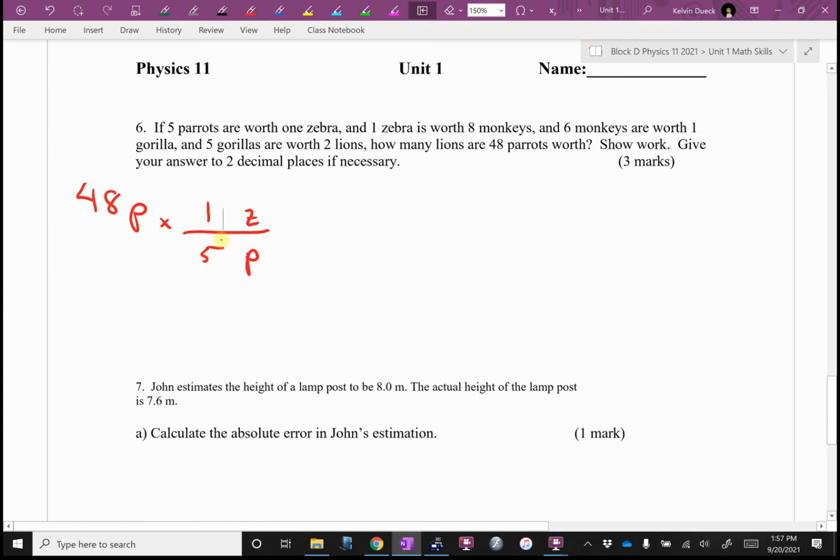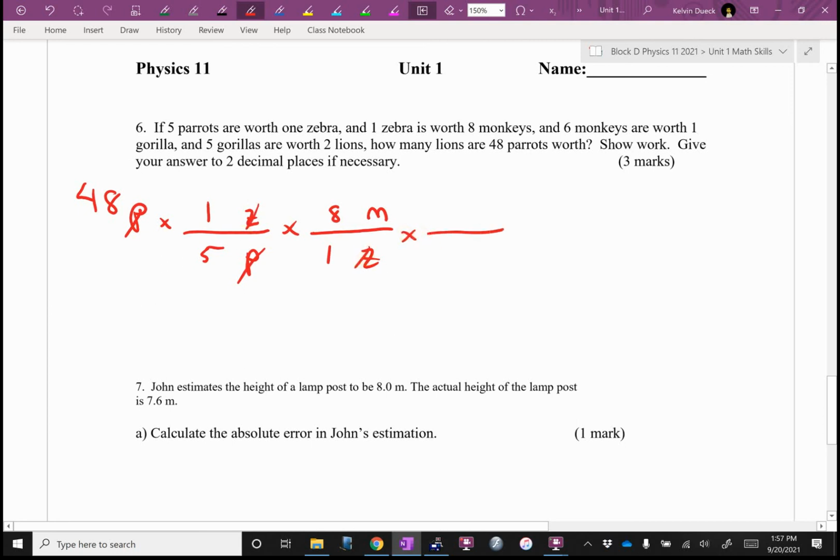Not that hard. You can switch them. If I stop there, that would be zebras. What can I change zebras into? Monkeys? How many monkeys is how many zebras? See, like that. That's how it's done. Okay.